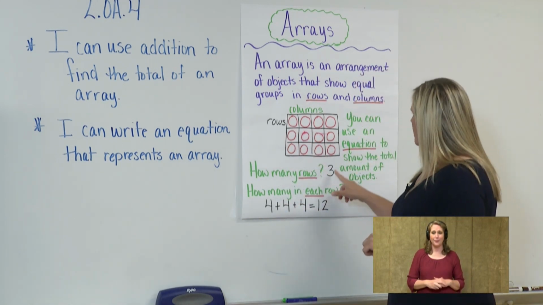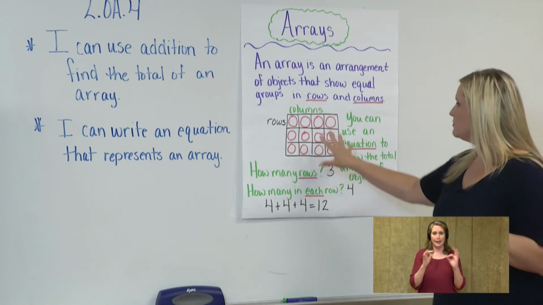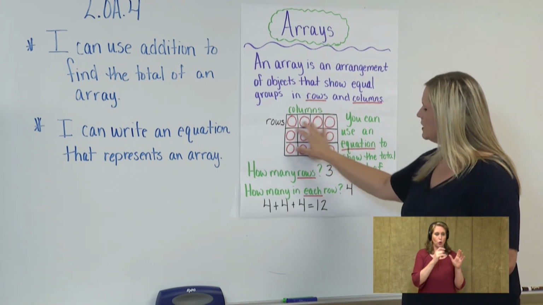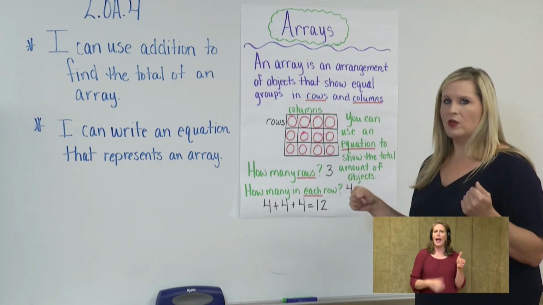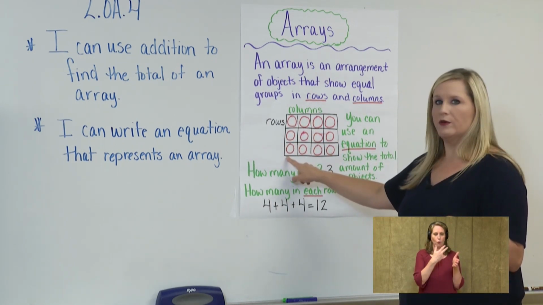When we talk about an array, we can use an equation to show the total amount of objects. Right here you can see that I drew some circles in columns and rows. I ask myself, how many rows do I have? We count 1, 2, 3. I have 3 rows.